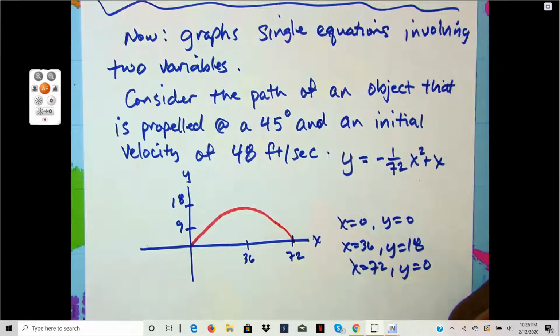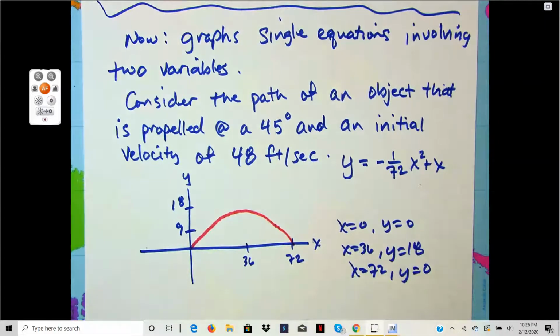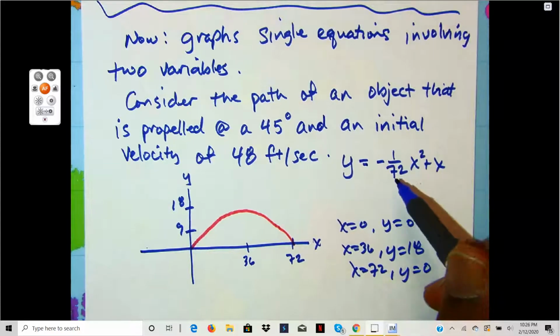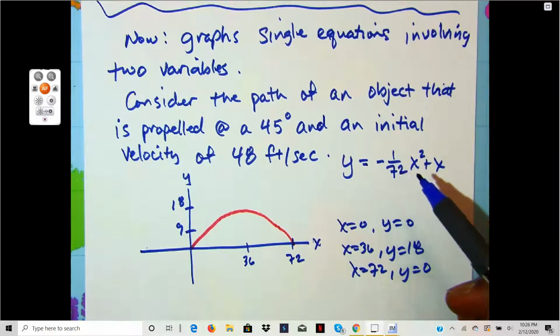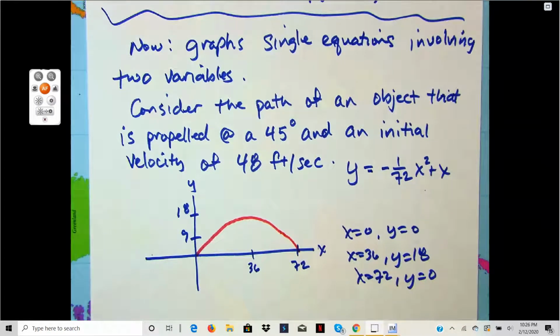Or what time will this object travel 24 feet? What would the height be at that time? So this particular function that we have cannot answer those questions for us. So this graph tells us where an object has been, but not when.